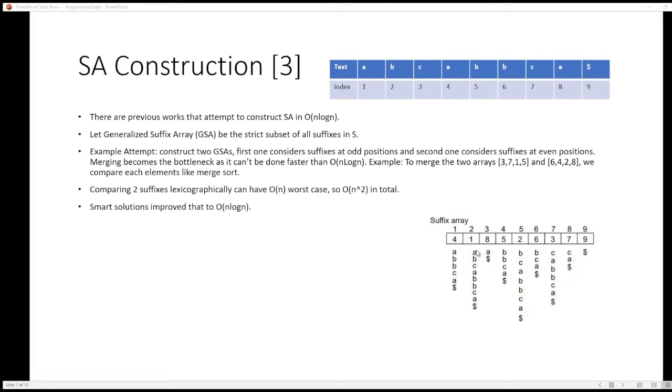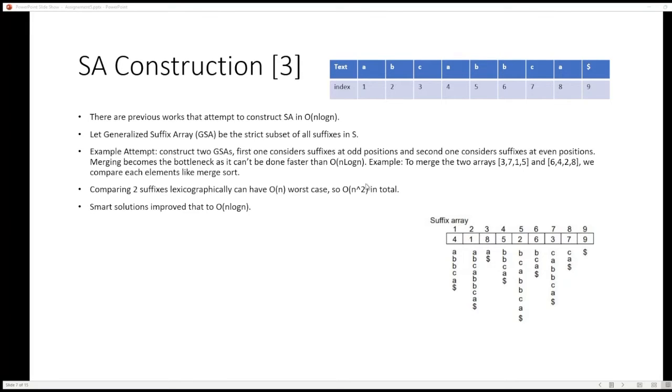To compare these both, we might need to compare n characters in worst case, n being the length of the text here. So if we want to compare n elements, and in the worst case we need n comparisons for each comparison, that means we have O of n square complexity in total.